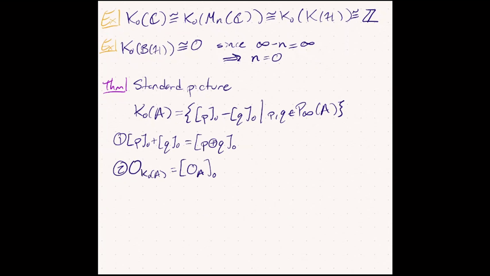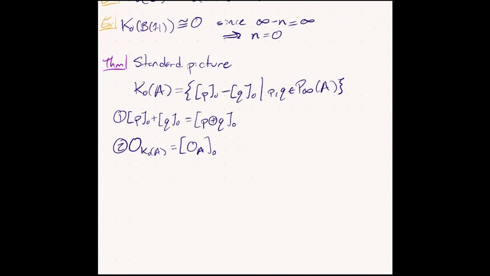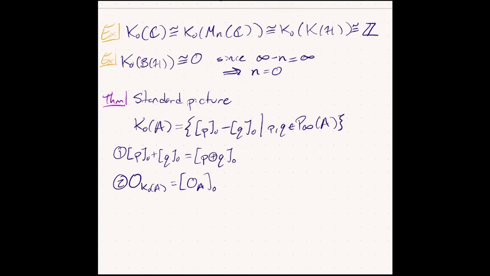So that's the group structure. For the sake of time, I'm going to skip ahead a little bit since I had some technical difficulties, but this is how you're going to think about K0. We've built a group out of these equivalence classes of projections over matrix amplifications of A.